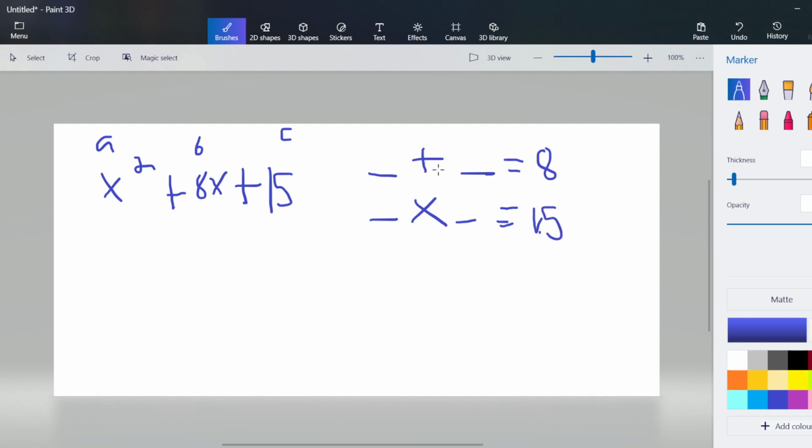So what two numbers when added equal 8 and when multiplied equal 15? We can go through the factors of each, right? And when we do this, the one that you will probably get is 3 and 5.